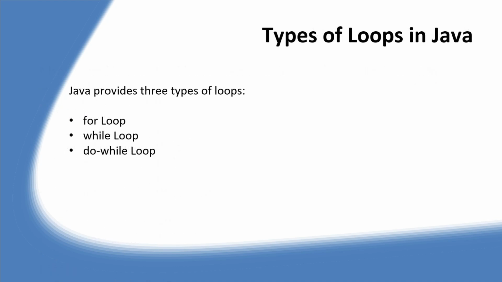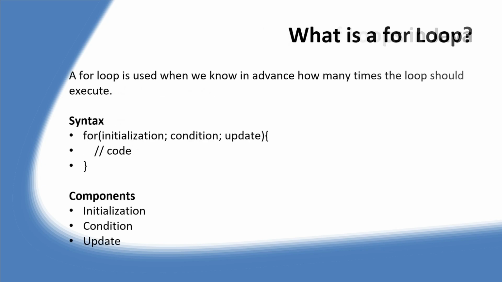Types of loops in Java. Java provides three types of loops: for loop, while loop, and do while loop. So what is a for loop?